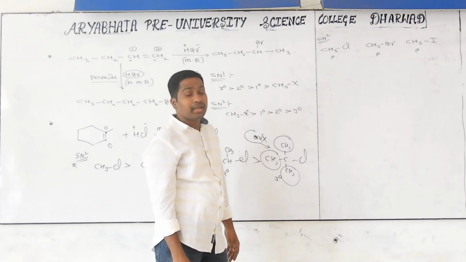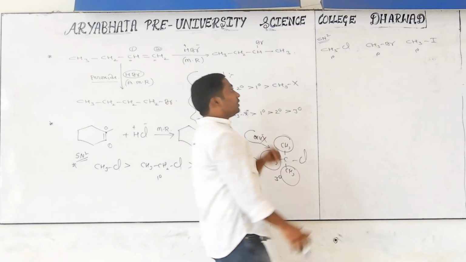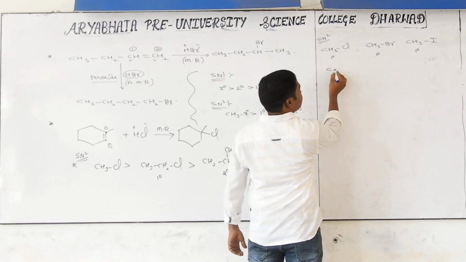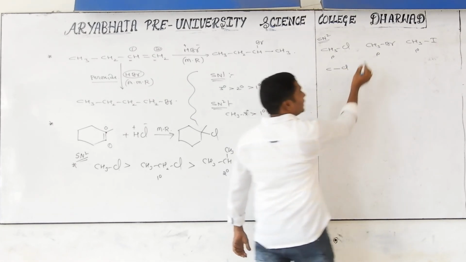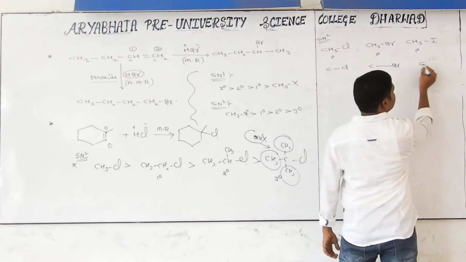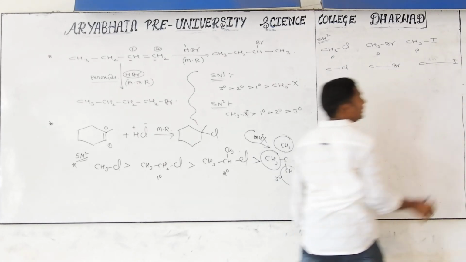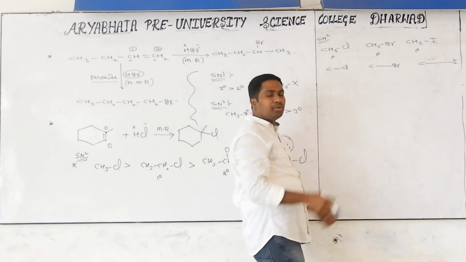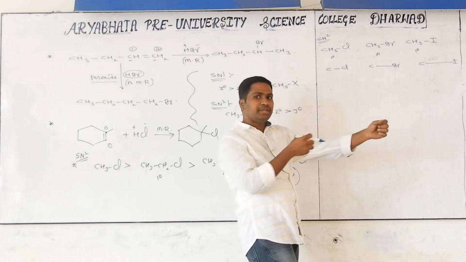No. Why? Here the C-Cl bond is there, here the C-Br bond is there, and here the C-I bond is there. From one compound to another, the carbon and halogen bond length is changing.